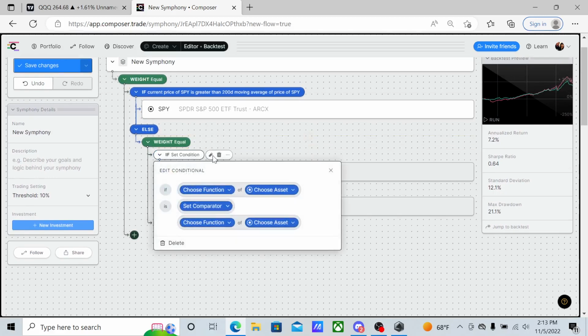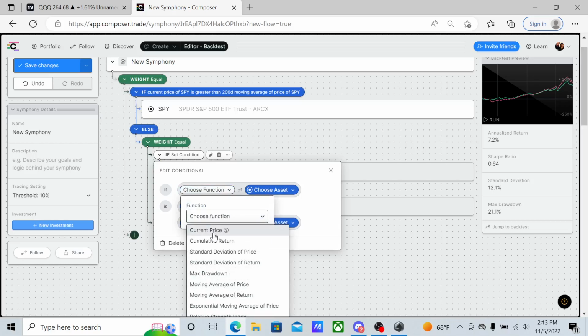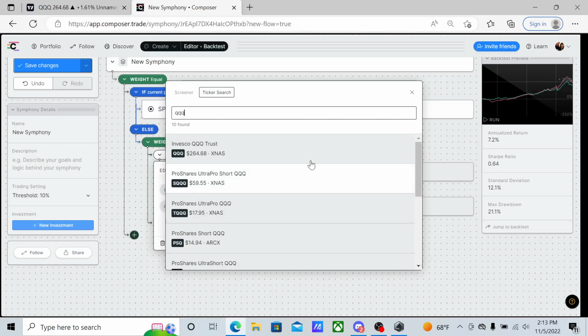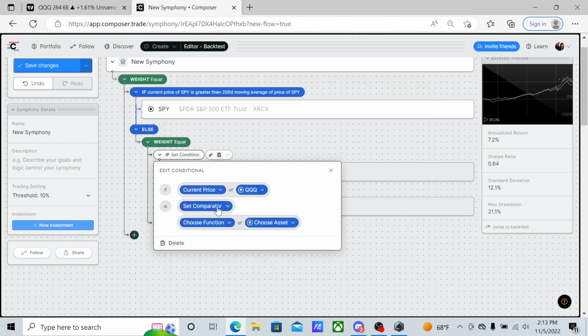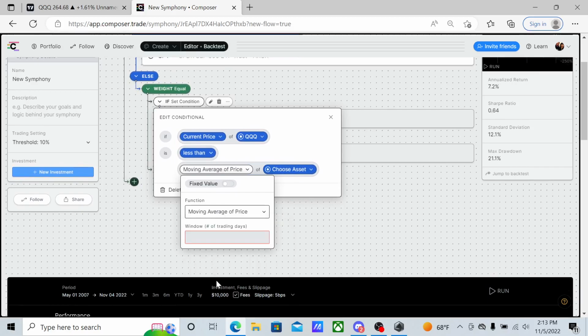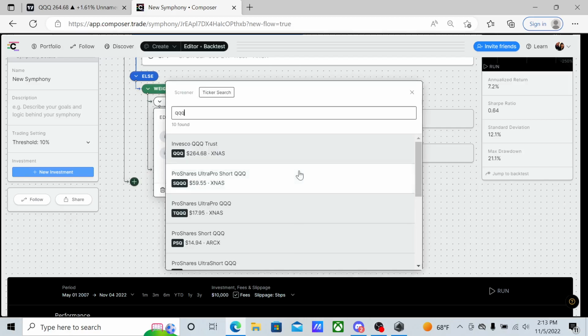Now that we're below the 200-day moving average, you could say, okay, if the current price of QQQ, which is the NASDAQ, is below or less than its 20-day moving average of QQQ.